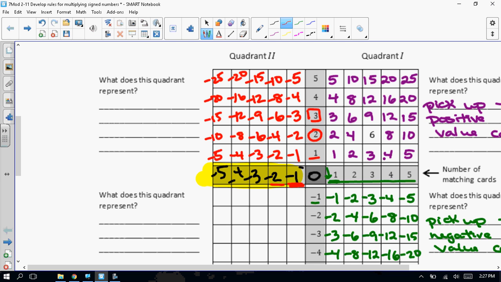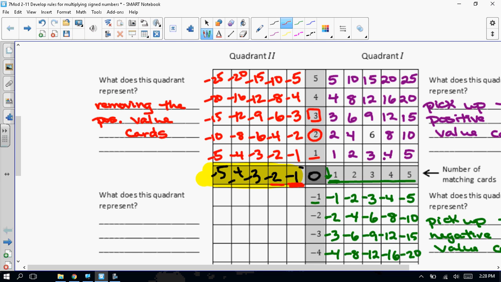What do you notice about all the numbers in quadrant 2? All those that I just did, right? Here we are removing positive value cards. If I remove positive value cards, my overall score still goes down, right?